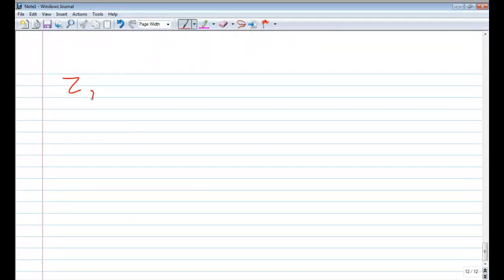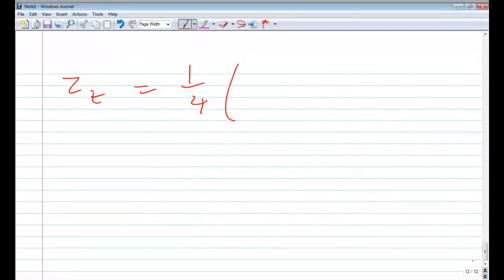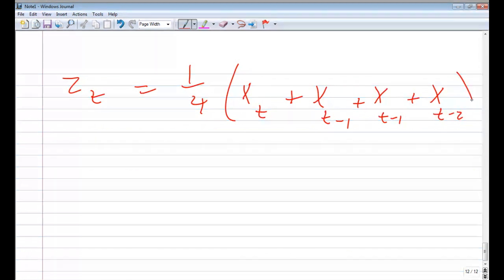So you're going to get zt equal to 1/4, open brackets, xt plus xt minus 1 plus xt minus 1 plus xt minus 2, isn't it?